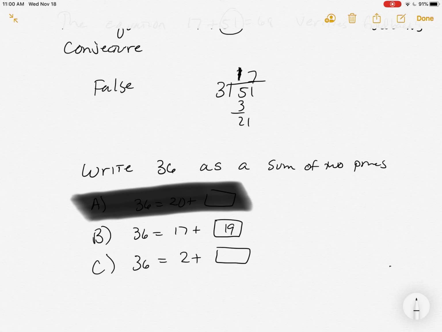Well, 19's prime. Done. That's our guy right there. It's the sum of two primes. 36 is 2 plus, well, we knew that would be 34, and 34 is not prime. So it's definitely B. So it's not like you're going to have to hunt through all the primes. I was surprised about that, but all questions related to that kind of lead you in this manner.